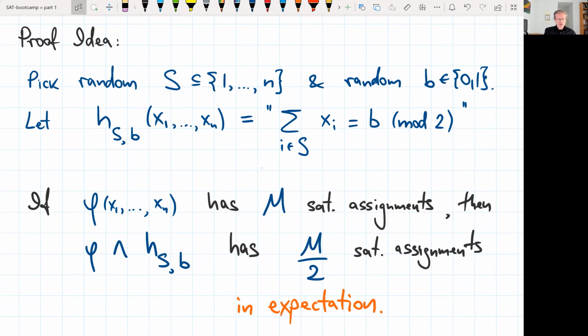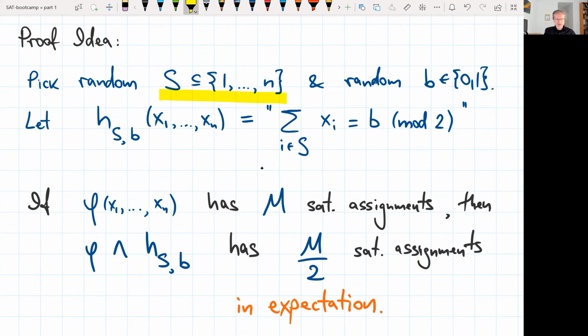Okay, but let's get back to the reduction in Valiant and Vazirani's result. So I want to give you a proof idea of how you build this list of formulas, psi sub 1 to psi sub n, from a given formula phi that you start with. So what you're going to do is use randomness by creating a random XOR constraint as follows.